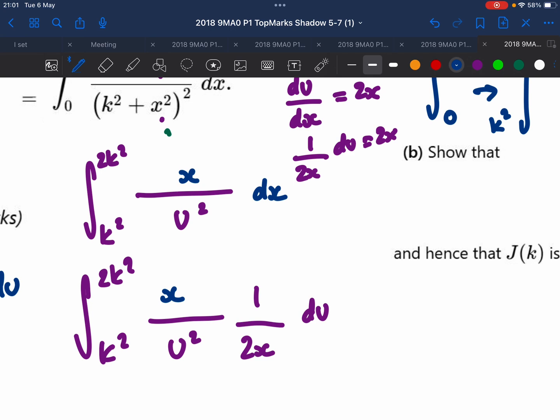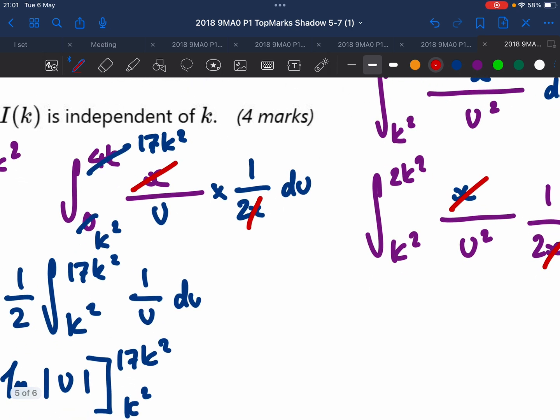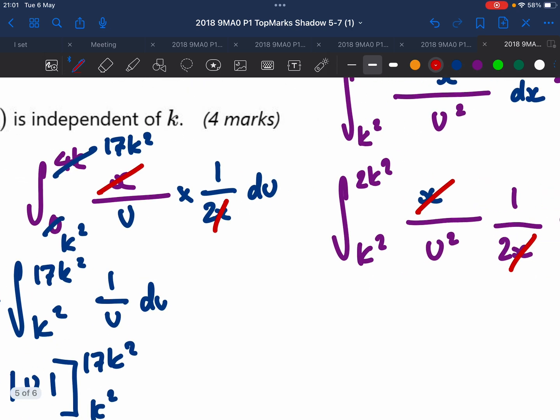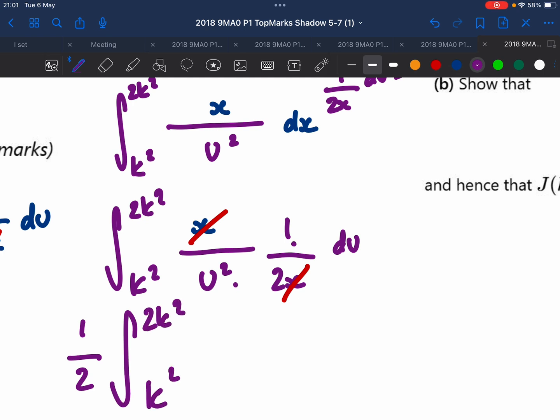And I feel like this is deja vu. I feel like the question is very, very similar. So I'm going to end up with, it looks like just a u squared this time. What did I have last time? I had just a 1 over u, so that was a natural log. This one then, what's all this going to turn into? Well, if I clean up the question a little bit, it's half, and then it's 1 over u squared, isn't it?